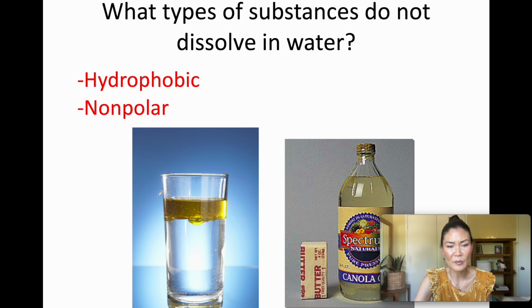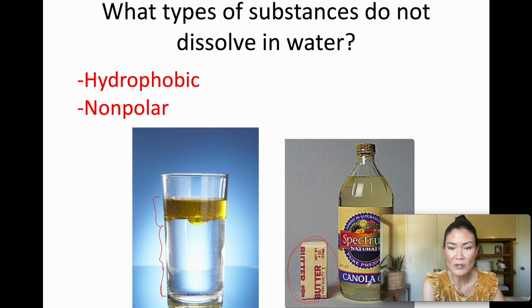An example of that would be oil. When you have oil and water together, they're going to stay separate because one is hydrophobic and one is hydrophilic, or one's water. And so the hydrophobic oil is not going to want to mix, okay? So oil and fats, like the fats in butter, are also hydrophobic.